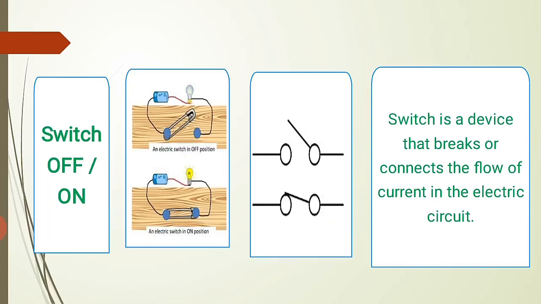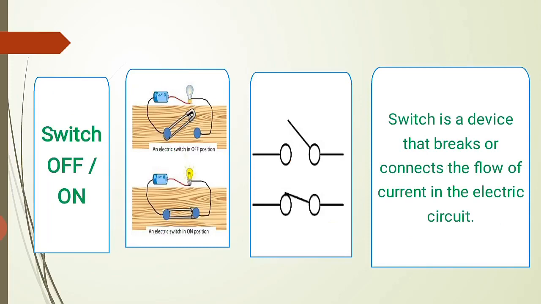Next, when the 2 points in a switch are connected, the circuit gets closed. So when both the points are connected, the circuit gets closed, right? This position of a switch is commonly called the on position. When the circuit is closed, the current flows through the circuit.